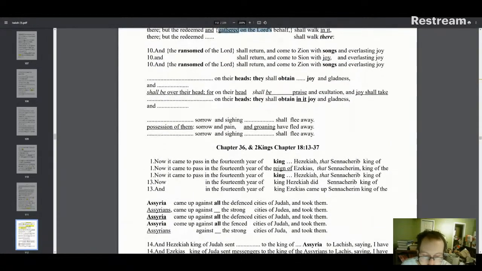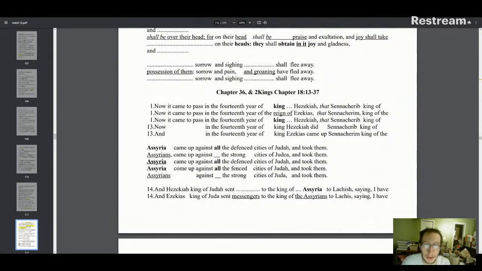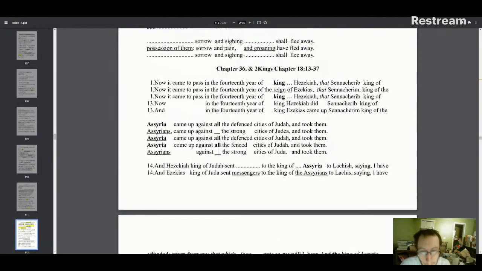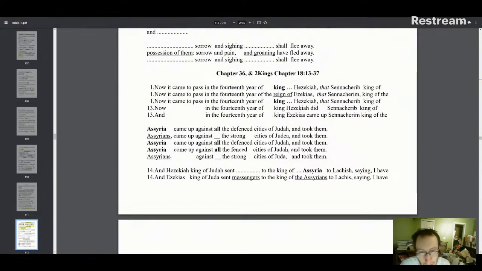Okay, all right, so now let's get started into the parallel between Isaiah and Kings. This is something we talked about before, where basically there are 4 chapters in Isaiah which have a parallel in 2 Kings. So Isaiah chapters 36, 37, 38, 39 correspond to 2 Kings chapters 18, 19, 20, and I think 21.